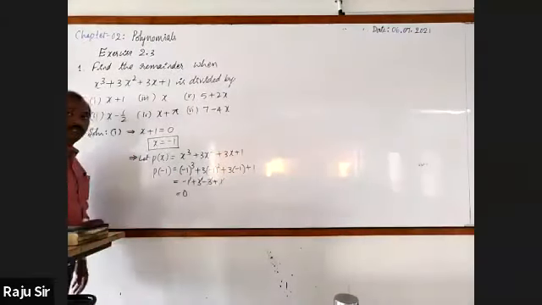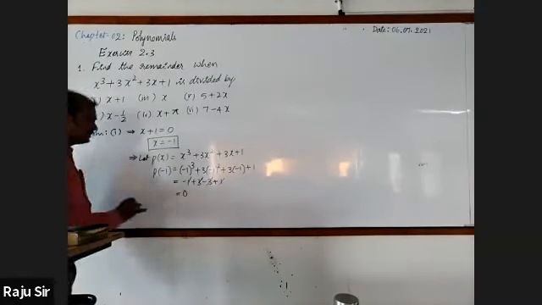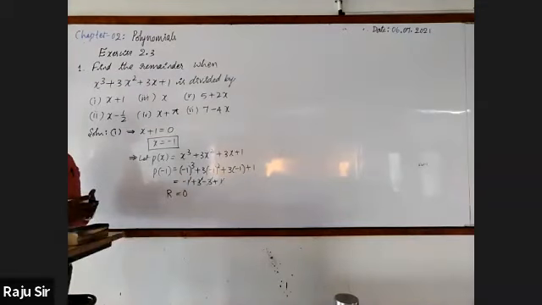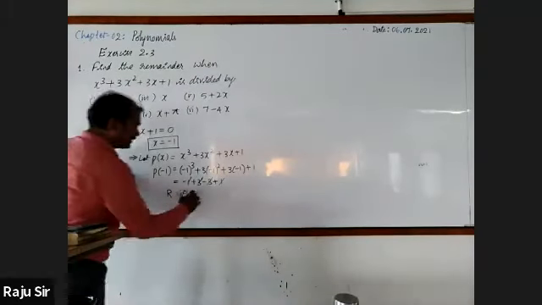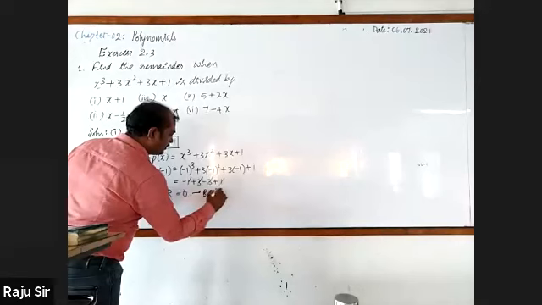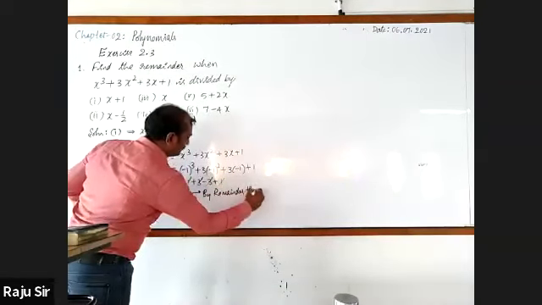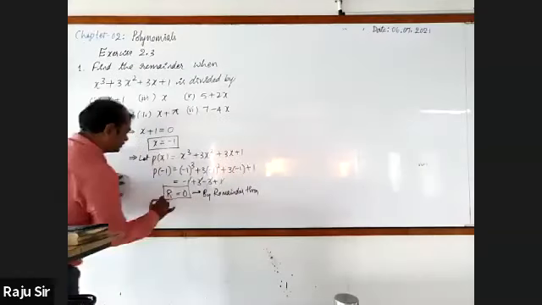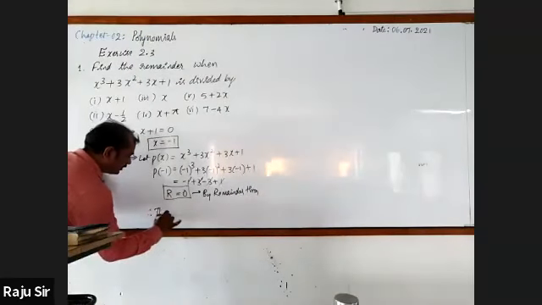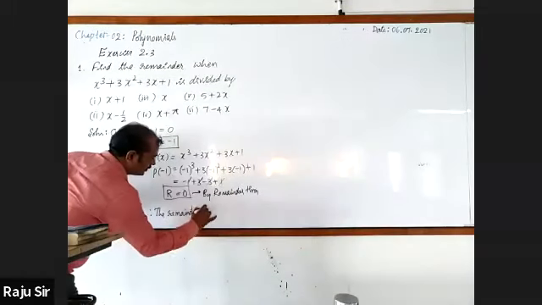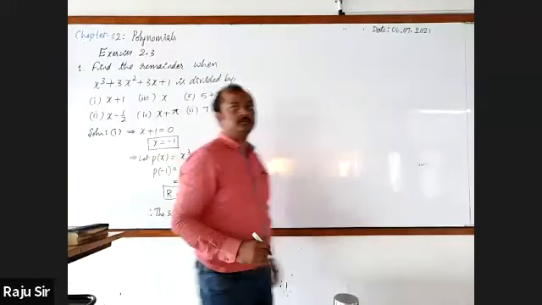You get 0, sir. I take this 0 as the remainder, on the basis of the remainder theorem. Highlight that with a box. Therefore, the remainder is 0.